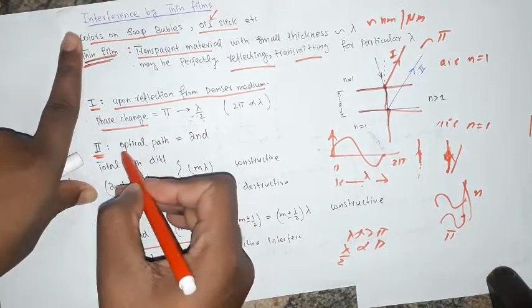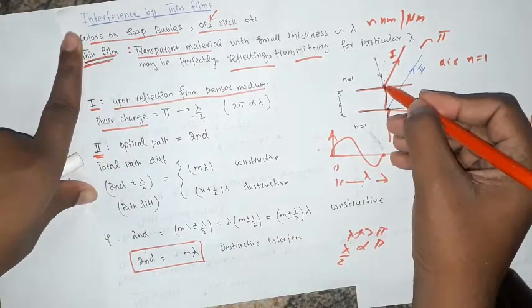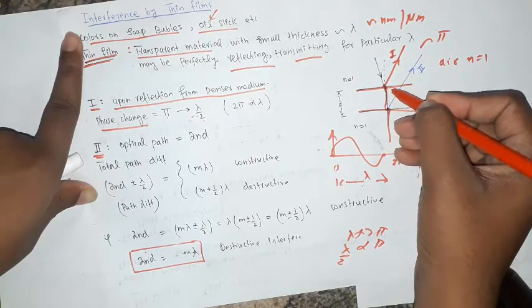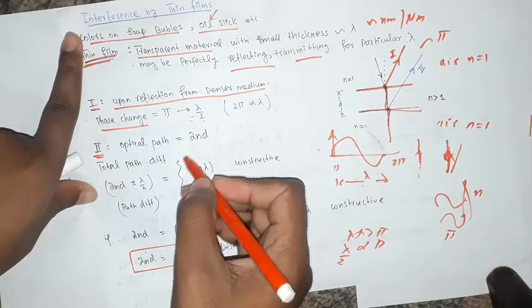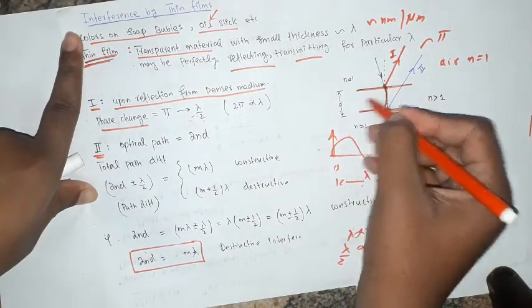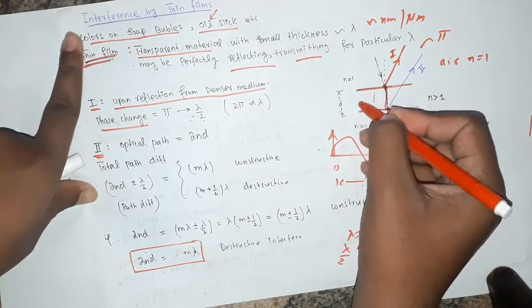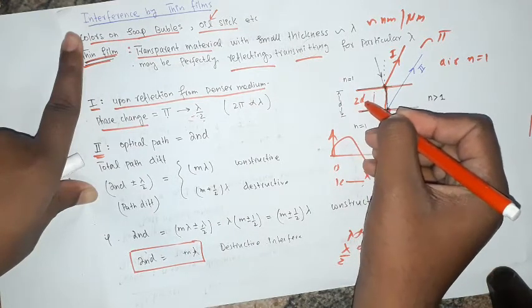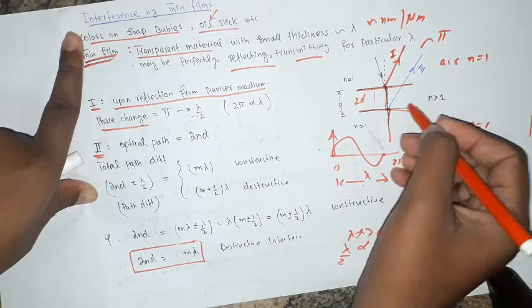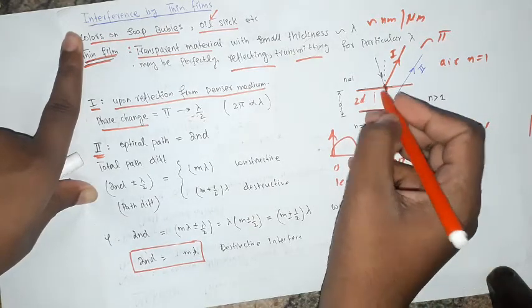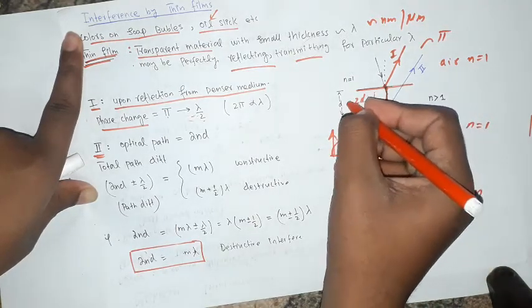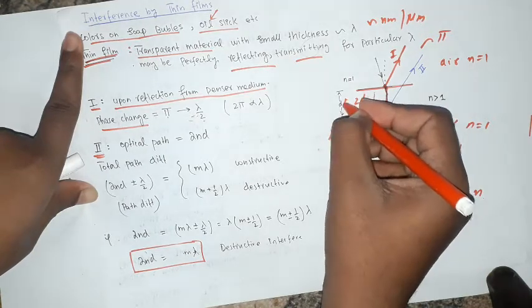Similarly the second ray travels like this and then goes back. So it covers a distance. If this is d, it comes here and goes back, so it covers a distance of 2d. But since this is a denser medium, to find the path covered we need to multiply by the refractive index n.